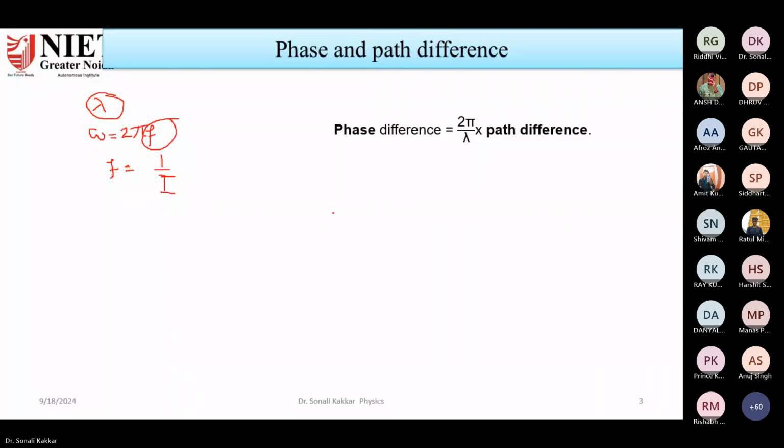Ma'am, frequency होता है distance covered by the wave in 1 second. What is the expression for the relation between frequency f and wavelength lambda? Mathematical expression for the relation between the two.